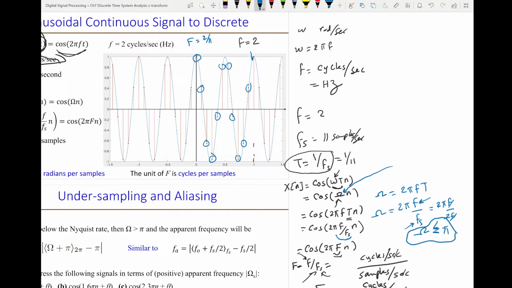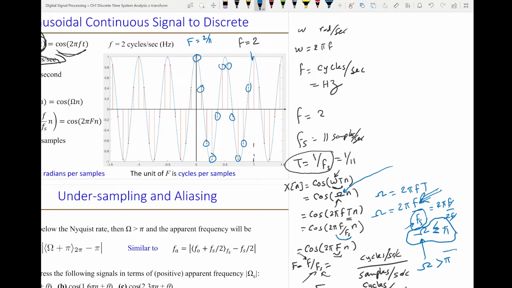And this is very important to keep in your mind. The digital frequency, which is radians per sample, cannot be larger than pi. The only way for omega to be larger than pi is if the sampling rate is less than twice f. And if that is the case, then you undersampled and aliasing will happen.